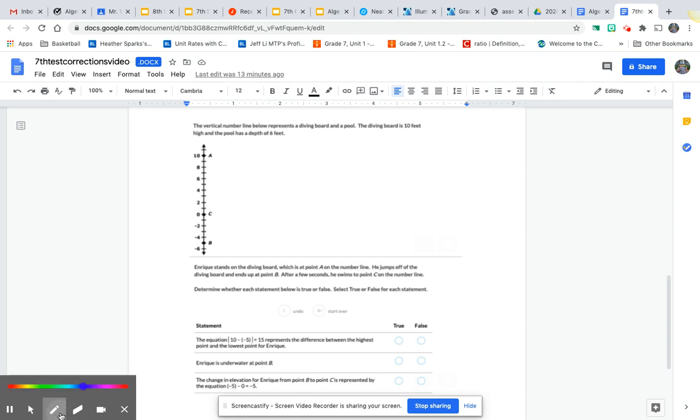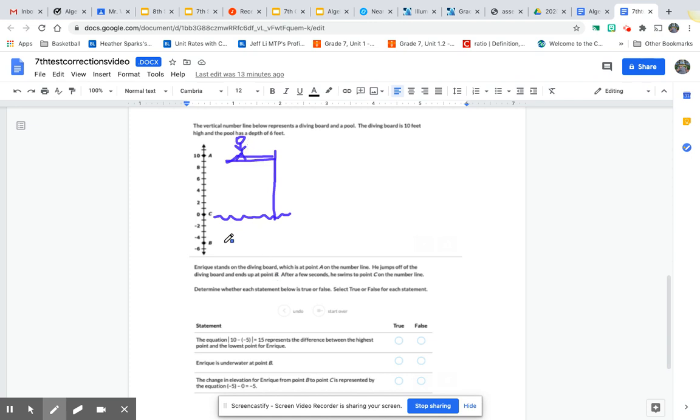So let's kind of just walk through this and see what it's at. So here is his diving board at 10. 0 is where the pool starts. He jumps off, and there's my little guy Enrique.